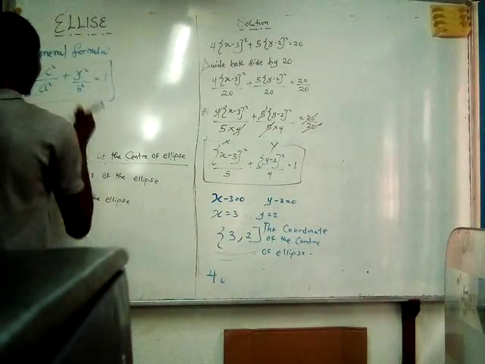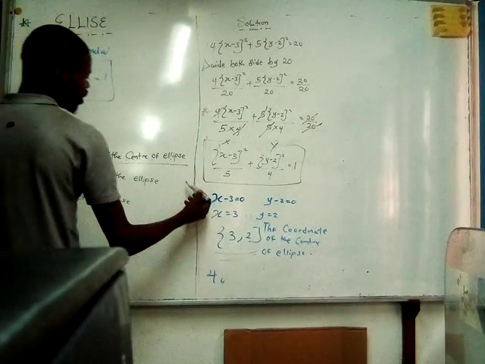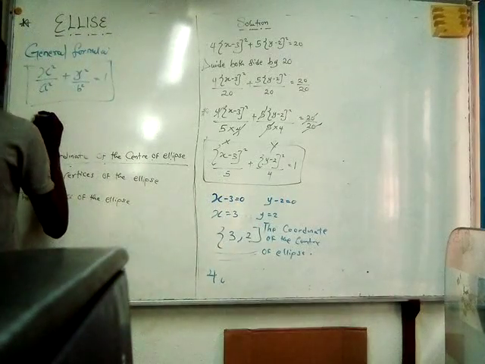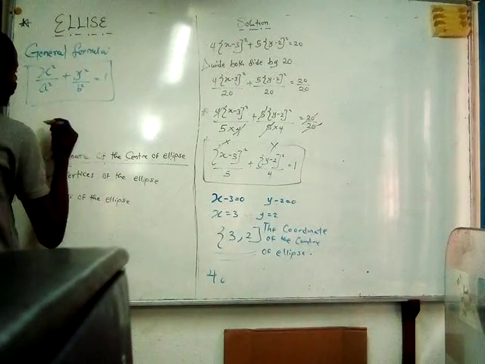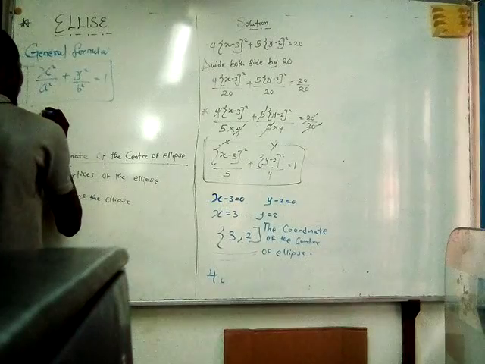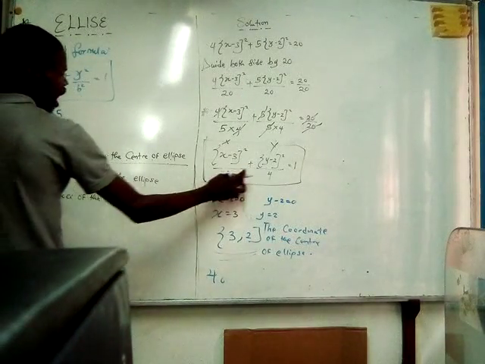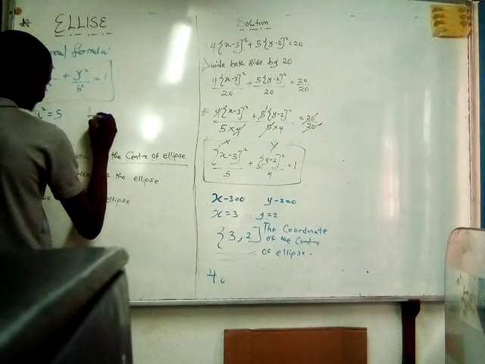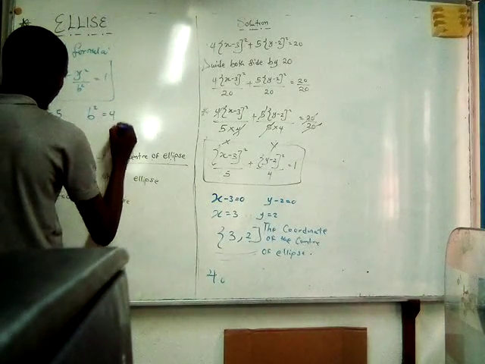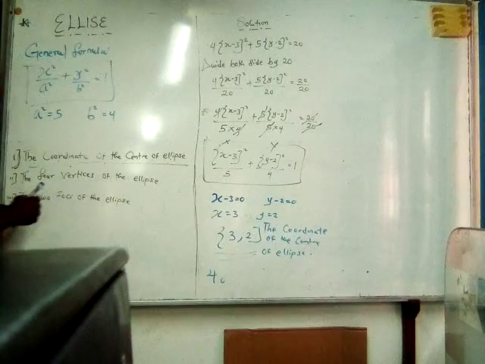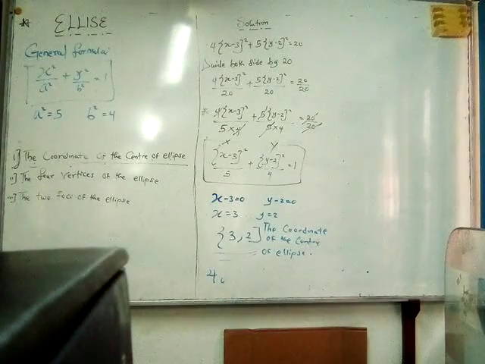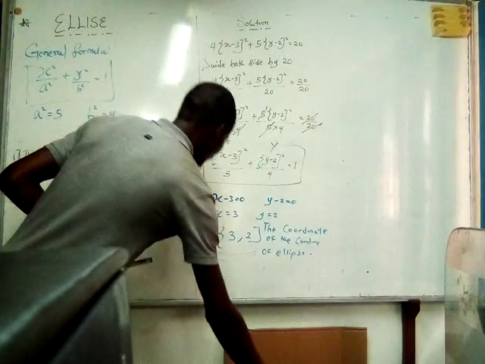Anywhere you see a squared, you represent it as what? Our a squared is 5. Our b squared is 4.